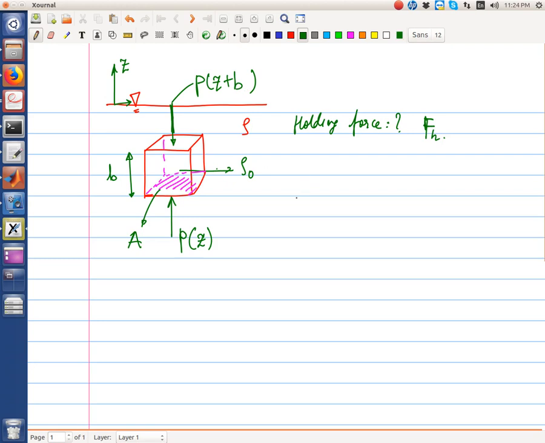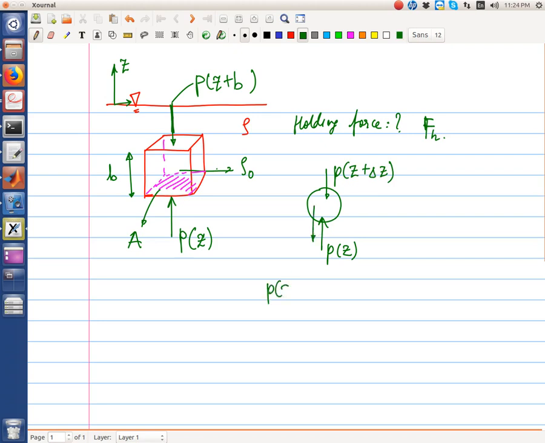Now if we take a differential element like so, we know that the pressure at Z and the pressure at Z plus delta Z is balanced by the mass of the element.